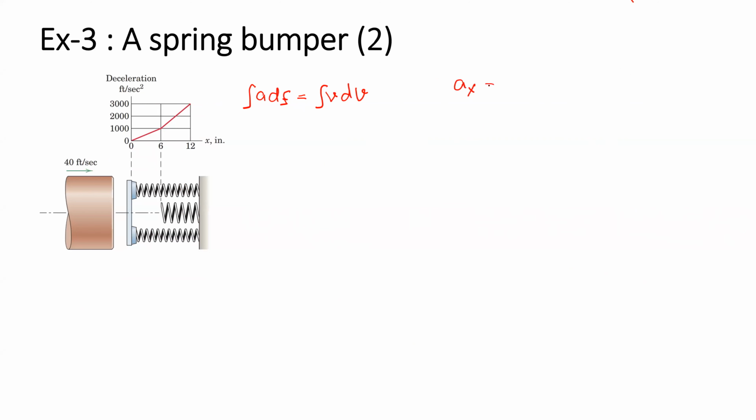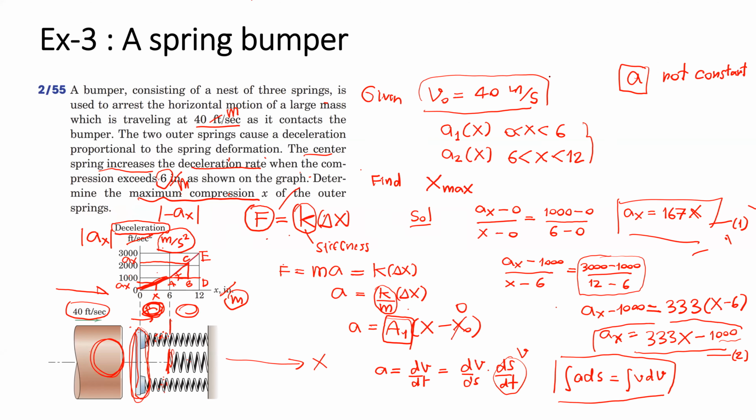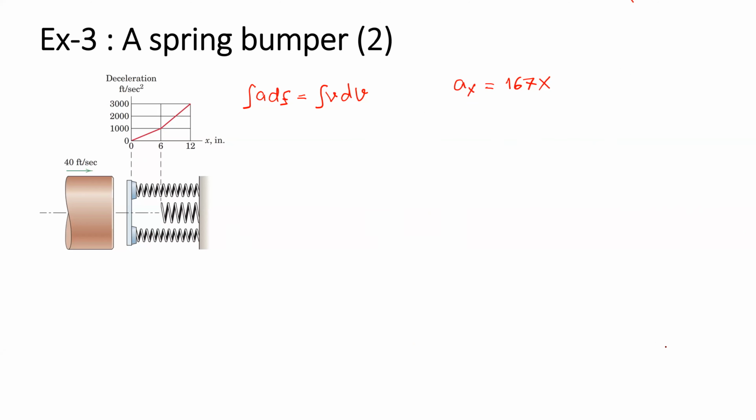Ax equal to 167x, and the second one, Ax is equal to 333x subtract by 1000. Please spend your time to cross check the constants again. I may make some mistake during the calculation, but it's not important now.